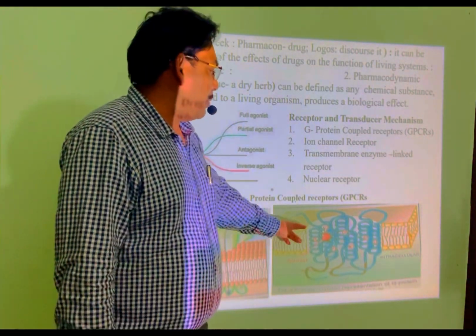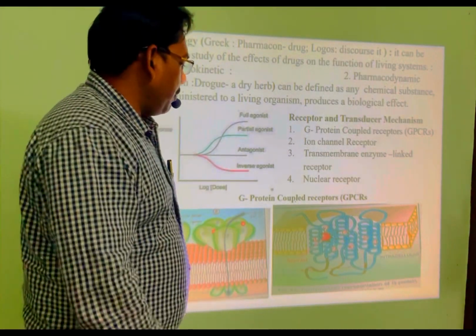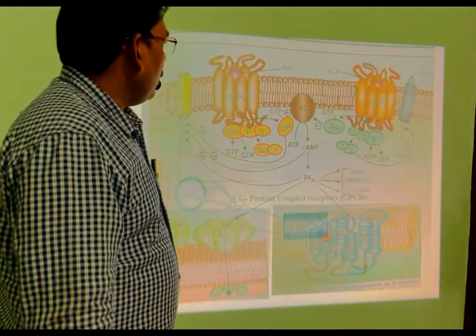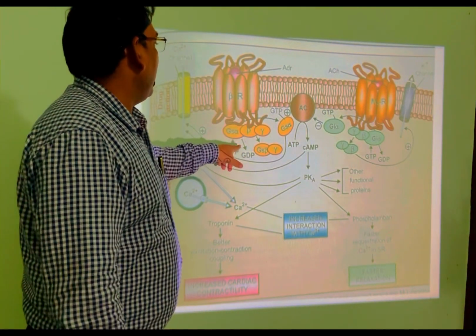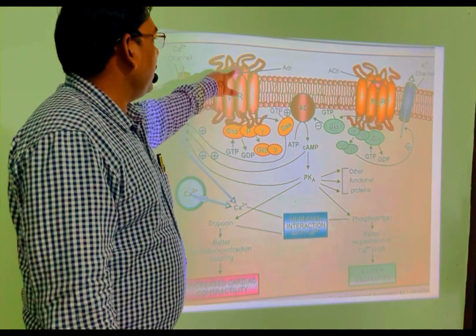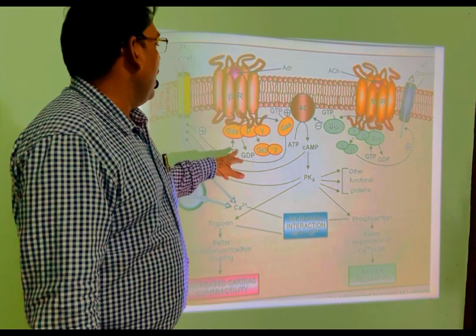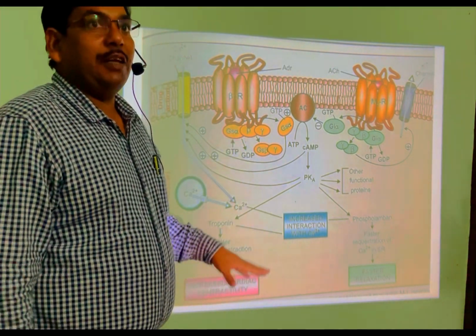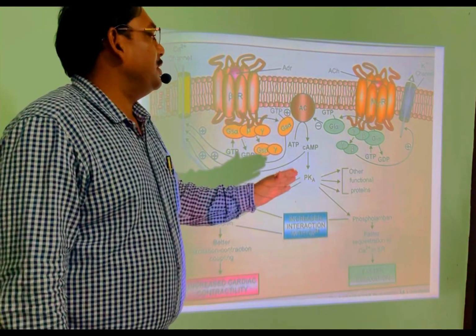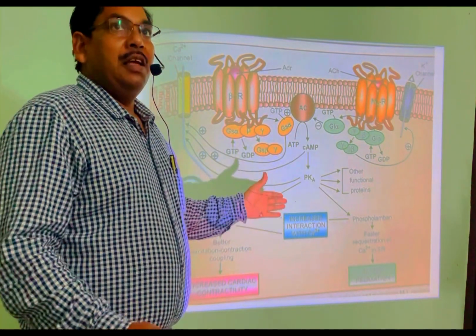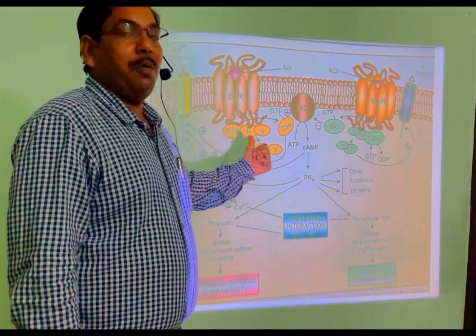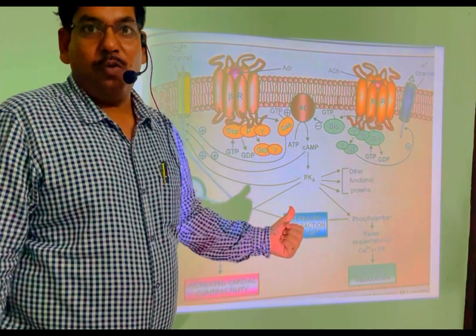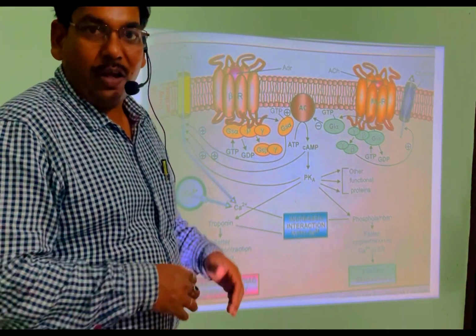After agonists bind, what will happen? The agonist binds and activates the receptor, with affinity, as in the Gs receptor. Actually, the G protein is divided into 3-4 types on the basis of the attachment of the guanine receptor.